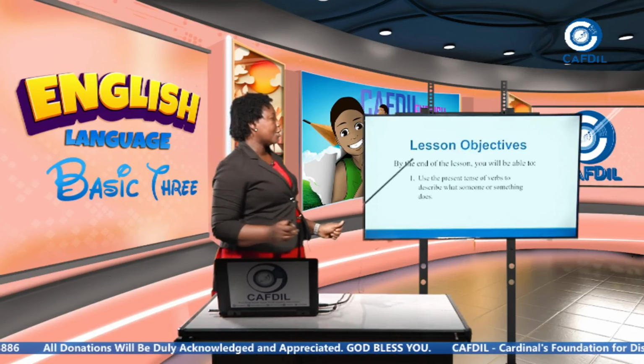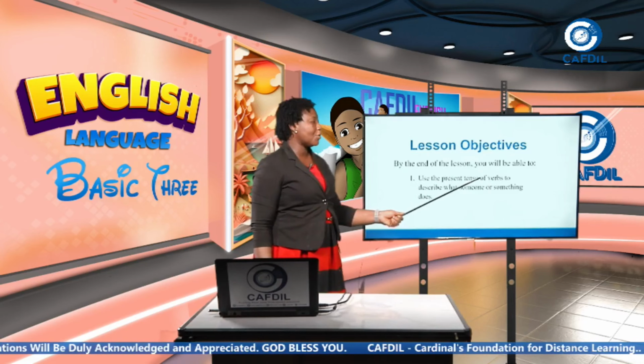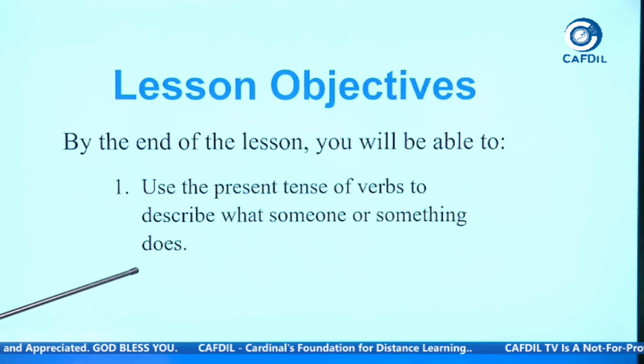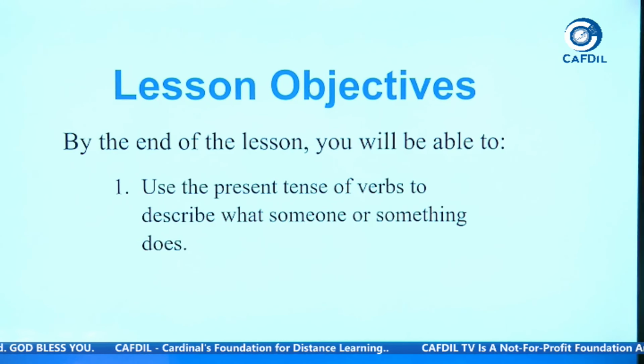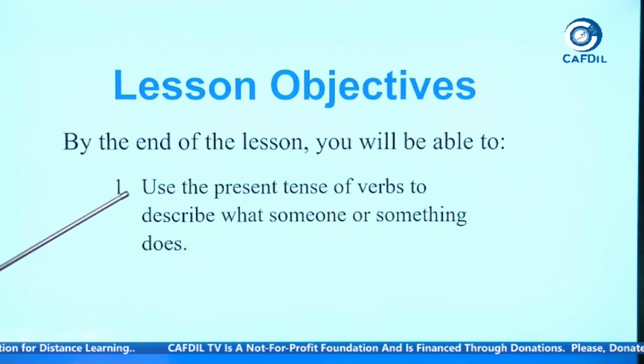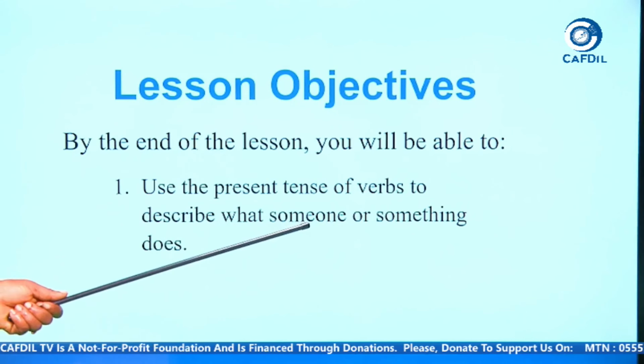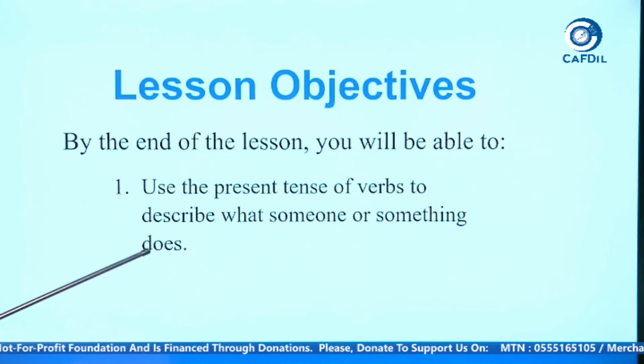You need to pay attention because at the end of this lesson, each and every one of you is expected to use the present tense of verbs to describe what someone or something does.